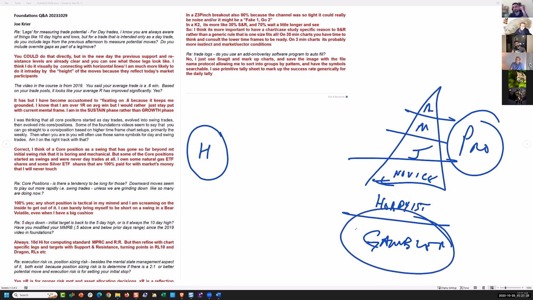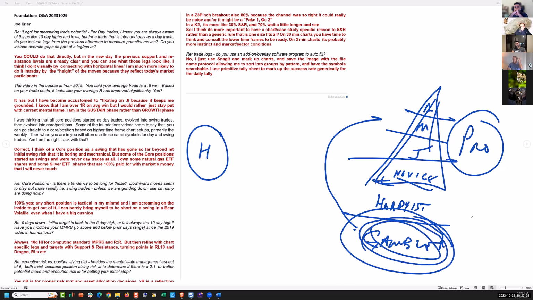And a gambler is a guy who lies to himself, who says he's somewhere else on that curve when all he is is that, and he bullshits himself, or he's not even aware of it.